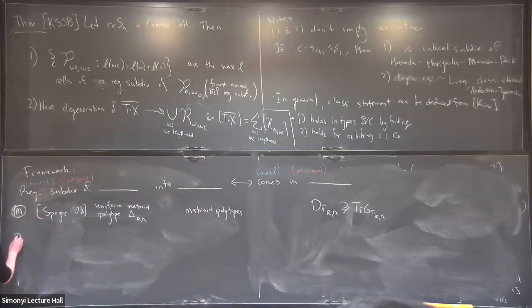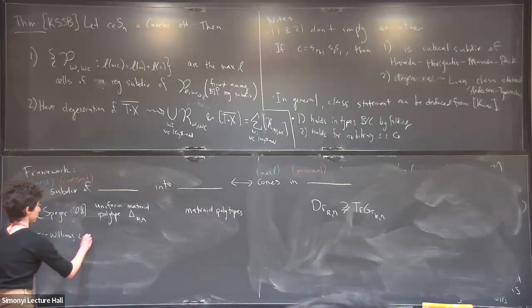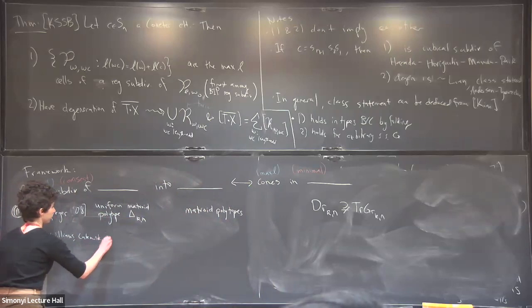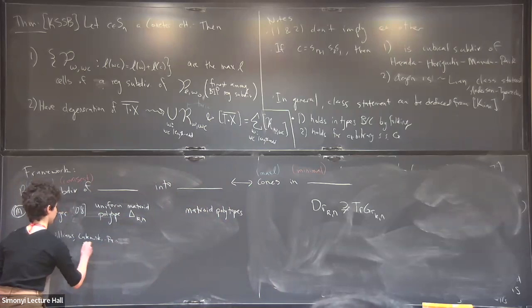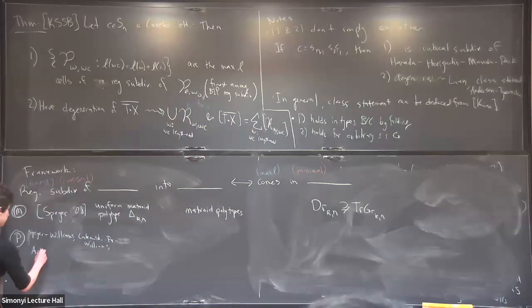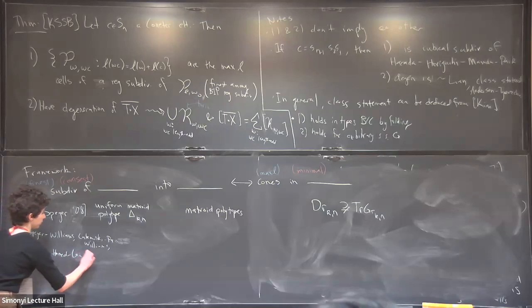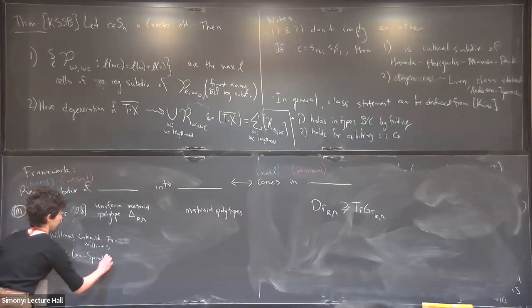There's a variant, the positroid variant, which was studied by many people much more recently. The names here are Speyer-Williams, Lukowski-Parisi-Williams, and Arkani-Hamed and Speyer. Sorry, not Speyer, Spradlin.